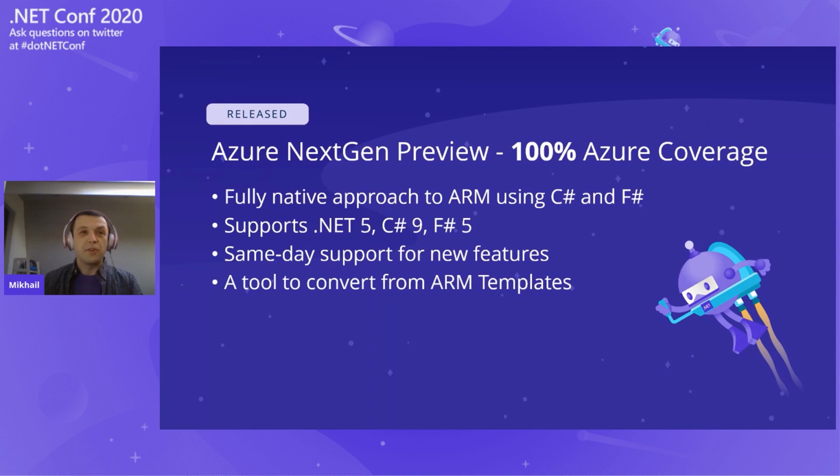But our Azure story is special because just a few weeks ago, we introduced a brand new Azure Next Generation provider. And it, of course, supports all the latest .NET languages and runtimes.